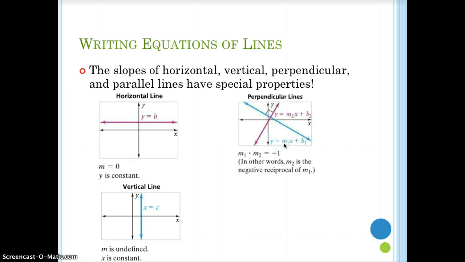The negative reciprocal of 2 would be -1/2. And so we can easily tell whether or not lines are perpendicular by simply comparing their slopes. Similarly, if we had one slope that was, let's say, 4/9, then the opposite reciprocal of that slope would be -9/4. And that would give us the perpendicular slope to that original line.